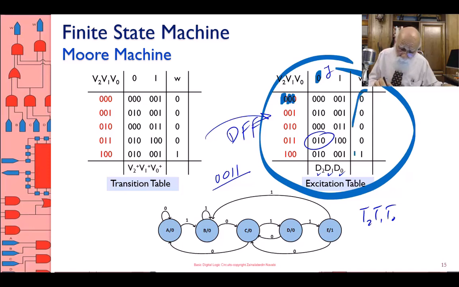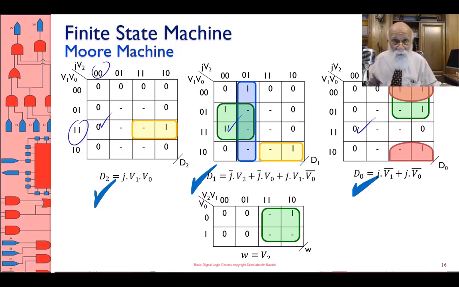When you look at the output, it is only a function of V2, V1, and V0, and therefore that doesn't require a 4-variable map. All it requires is a 3-variable map. Input does not participate here. So what I do is take the data from the previous table and just put it in these Karnaugh maps. Let me just do a few of these so that we clarify how things are taken from those tables and put in these tables here.